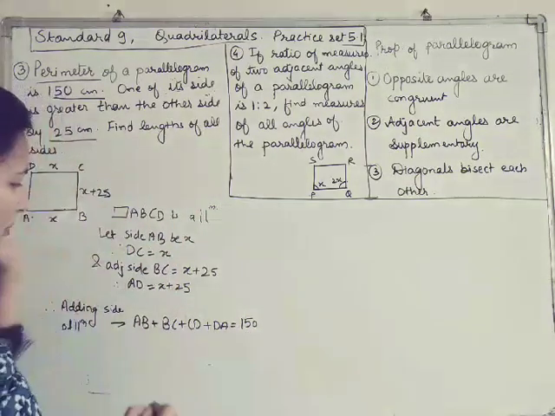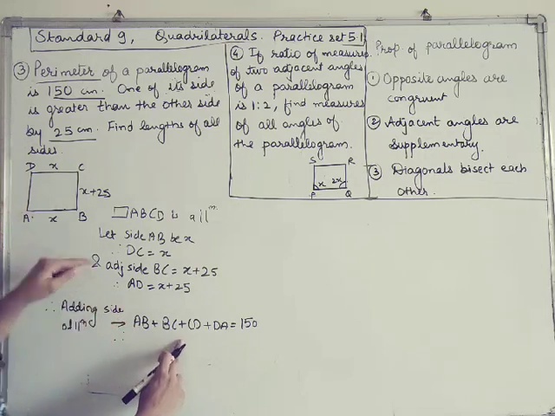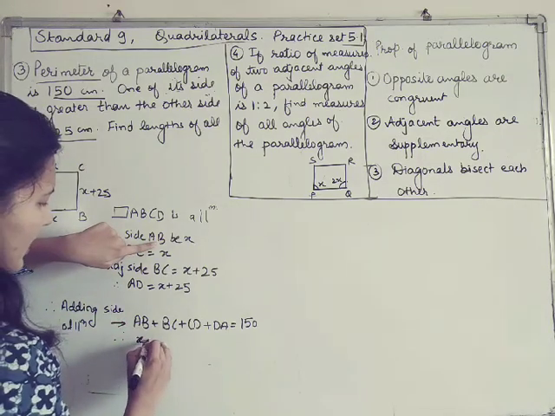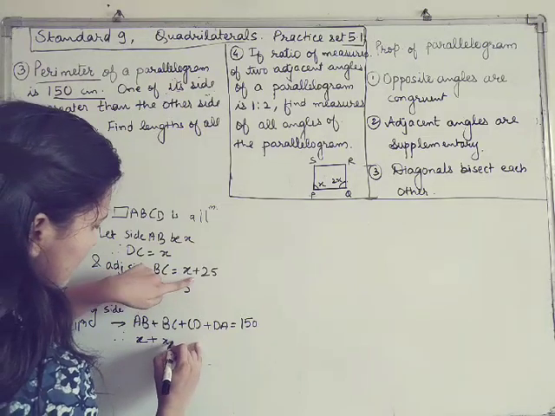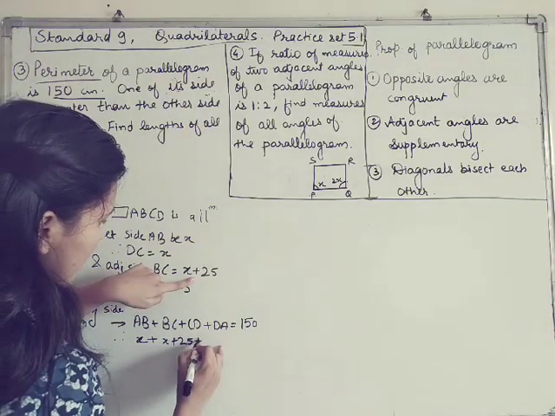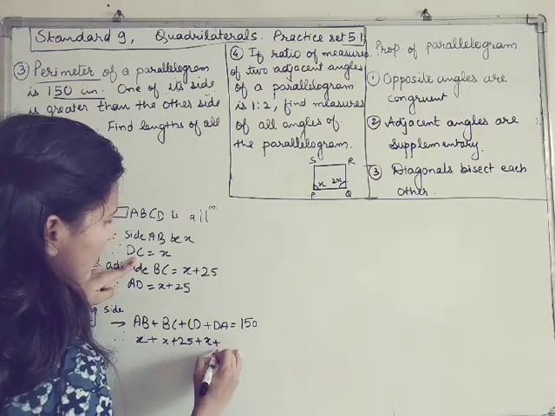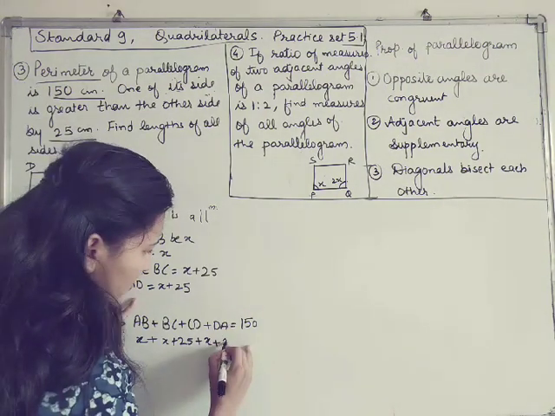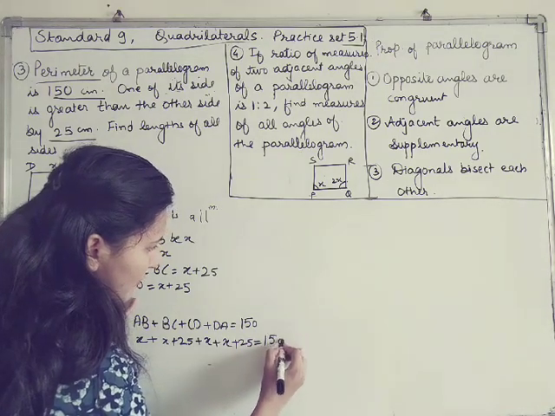It is given in the problem. So we are putting the values in the next step. What is the value of AB? It is x. What is the value of BC? It is x plus 25. What is the value of CD or DC? It is x. What is the value of DA? It is x plus 25. And this is all equal to 150.